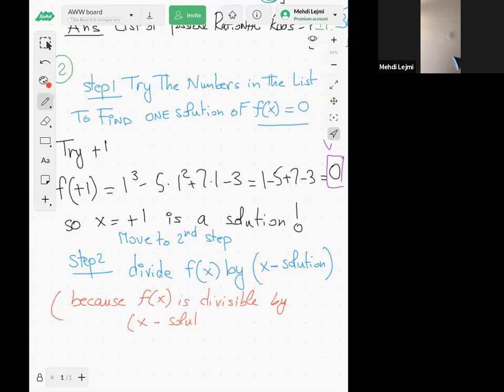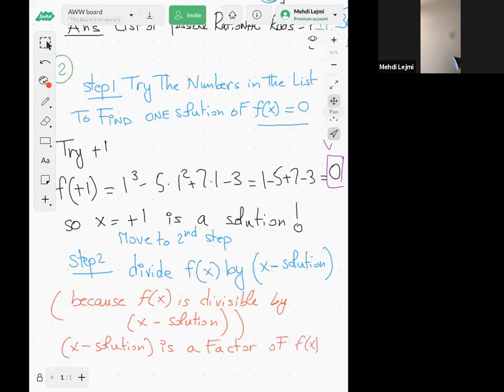It's like saying 8 is divisible by 2, so I can write 8 as 2 times 4, and I get a factorization of 8. The same thing here: if you have a solution, then f of x is divisible by x minus that solution, so you can factor f of x. So x minus the solution is a factor of f of x.